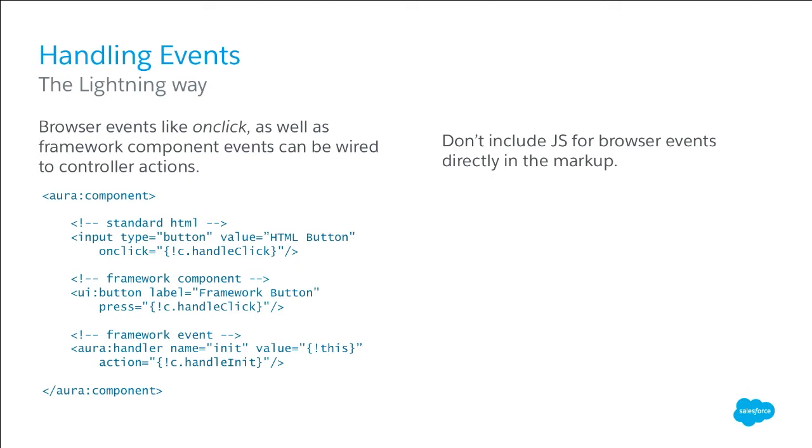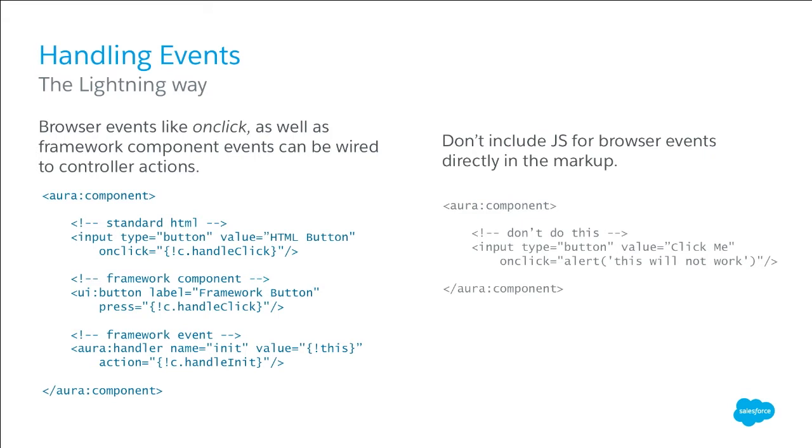For example, if you look at this, it has direct JavaScript inside the on-click attribute. Right, alert, this will not work. Any guesses why? Because it will not work. That's why it says it will not work. So it will never get alerted that way. This is about handling events. Don't use JavaScript directly. Just hook it up to an action inside the controller.